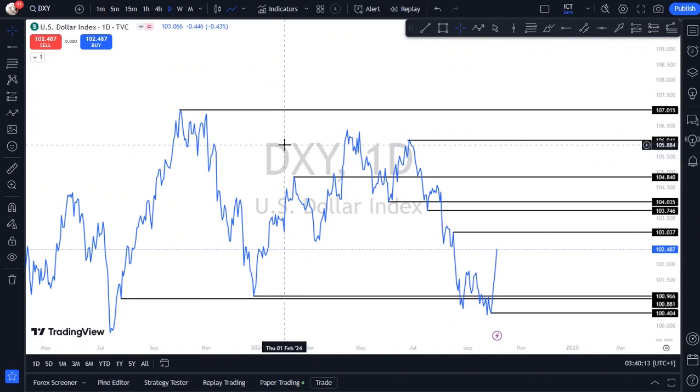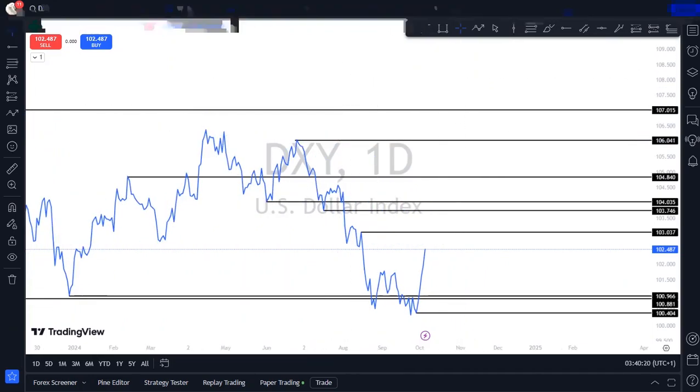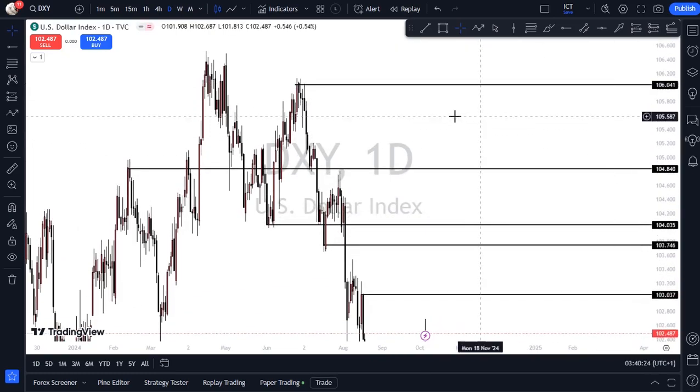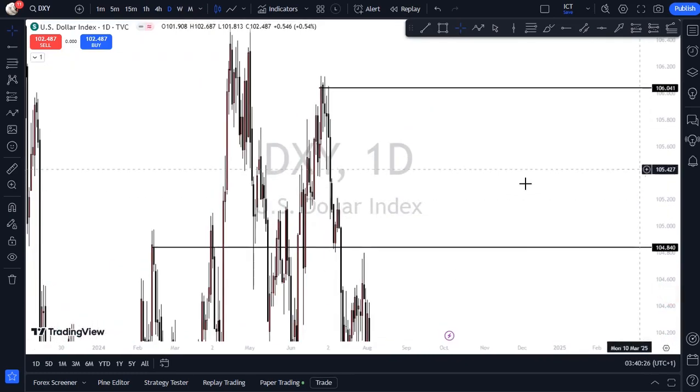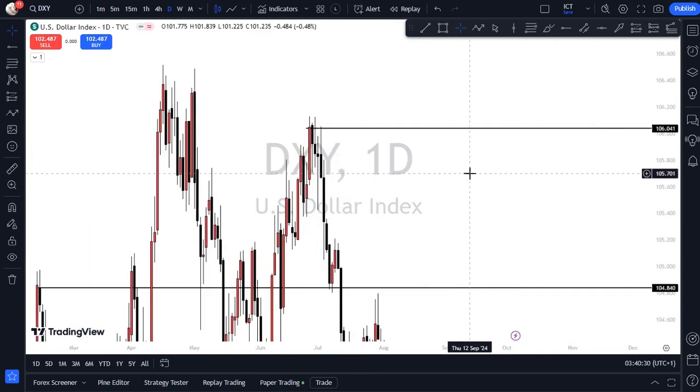If it's used up, it's no longer fresh. But if it's fresh, it has not been used up. How can you know a used up level? By going back to your candle charts, and I will show you an example right now. When it comes to finding levels that are fresh, you basically need two candles like this.